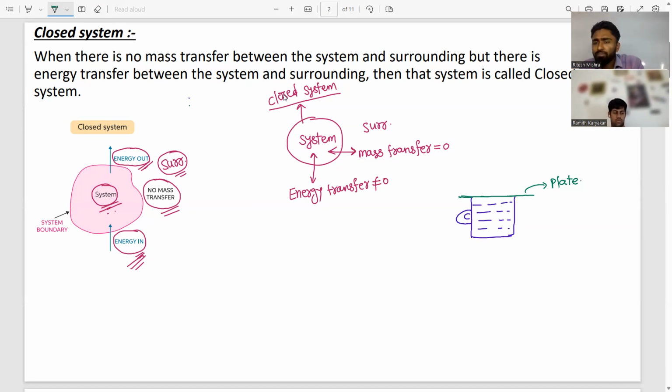We put a plate on this cup, but the tea gets cold after some time. That means there is energy transfer, heat transfer, from the tea to the surrounding. That means the room is the surrounding, and this tea is your system.